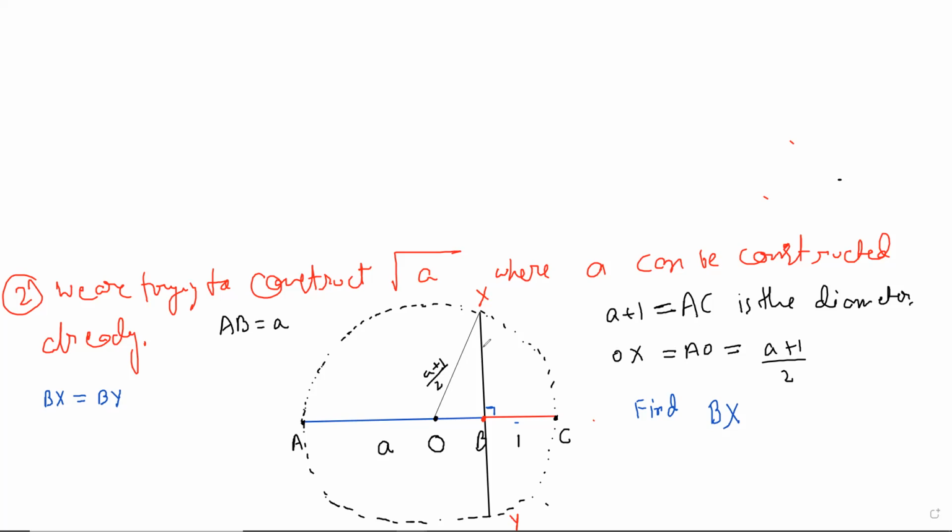So you have a Pythagoras situation once again. OBX is a right triangle. If you want, you can draw it separately. The question is, do we also know what is OB?